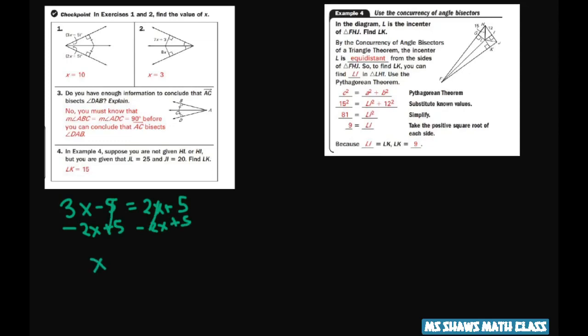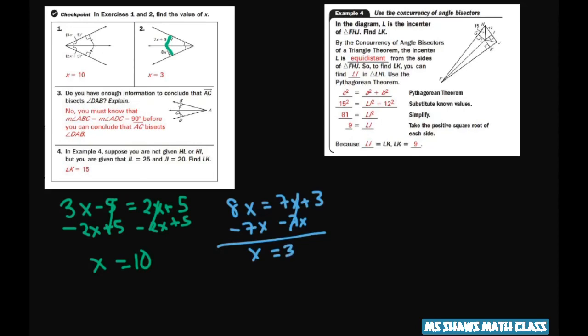And you get x equals 10. And we can do the same thing for this one right here. So we would say that, let's see, 8x equals 7x plus 3. Subtract 7x from both sides of the equation, and you get x equals 3. So that's all they did there.